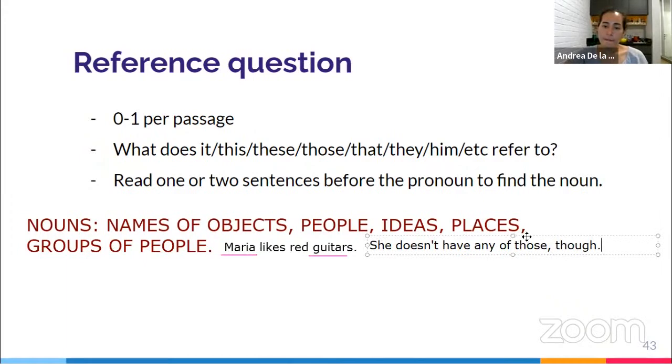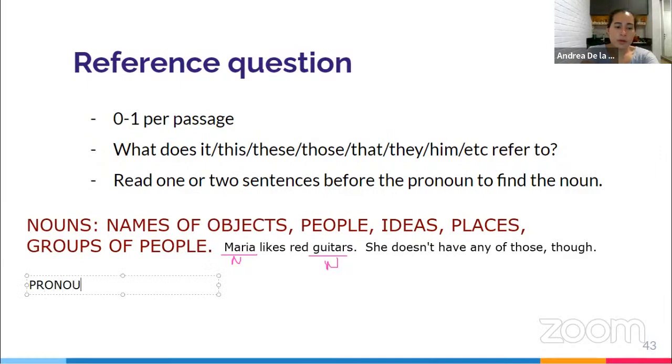Okay. Now we have two nouns in the first sentence, right? Maria was a noun and guitars was another noun, or guitar. Now we're saying that a pronoun is something that replaces or could replace the noun, right?